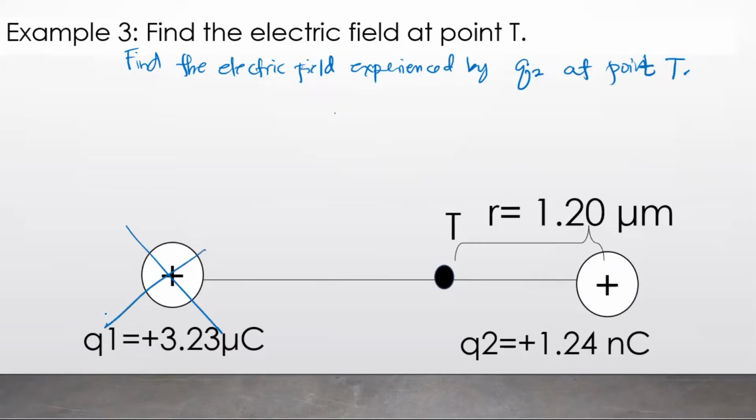So Q1 is not involved, because the problem asks you to solve for the electric field experienced by Q2 at point T.